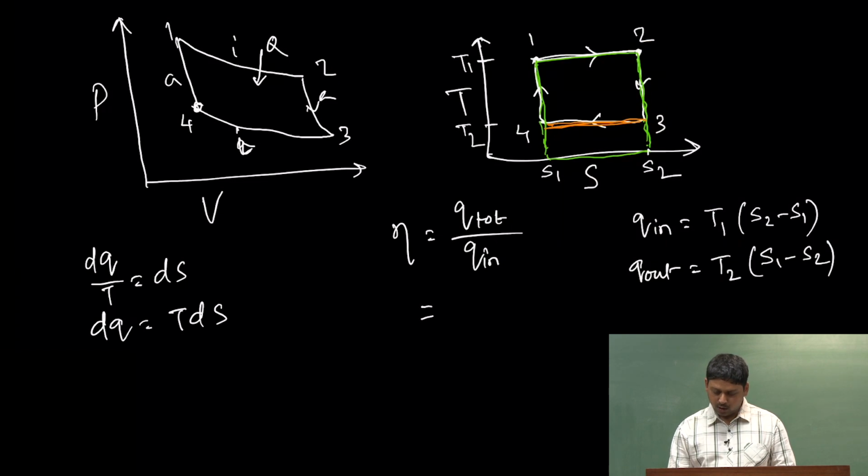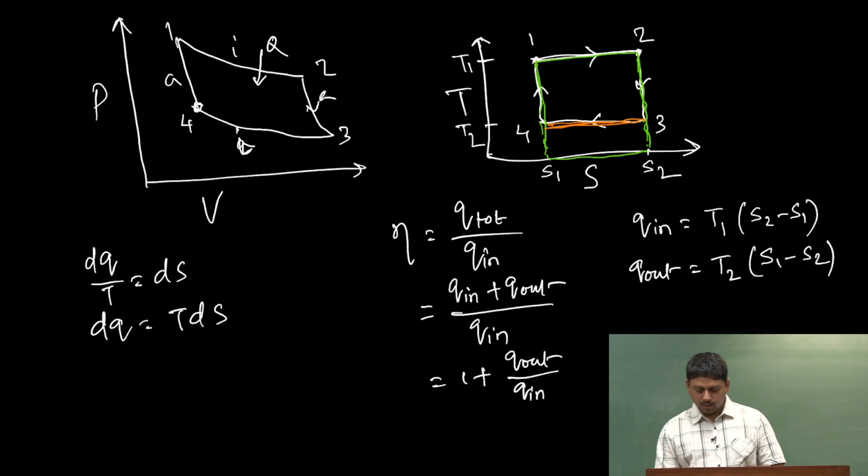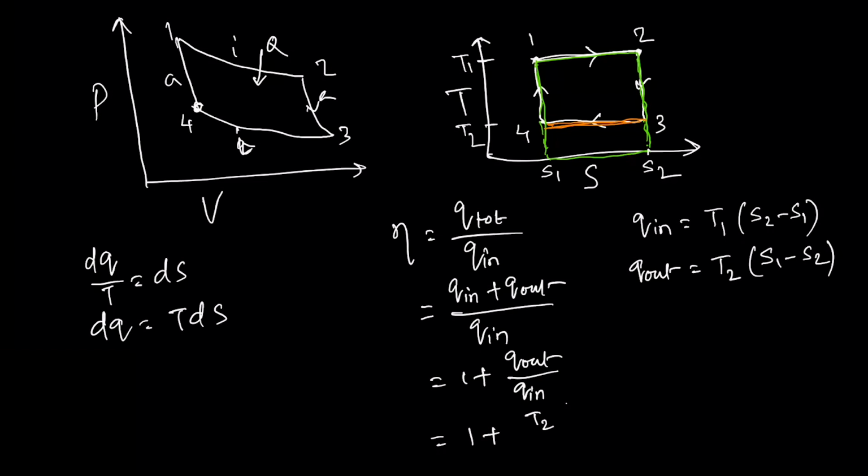Q tot is Q in plus Q out. Remember, Q out itself is a negative quantity. Divided by Q in, this is 1 plus Q out divided by Q in, which equals 1 plus T 2 times S 1 minus S 2 over T 1 times S 2 minus S 1.